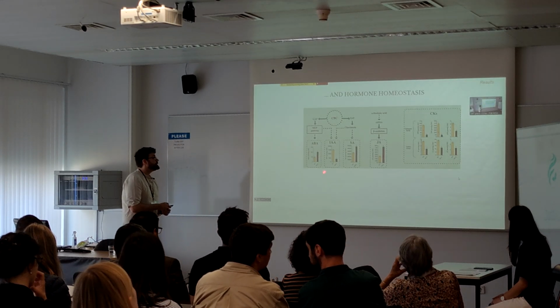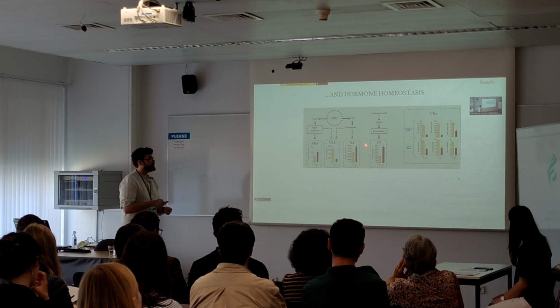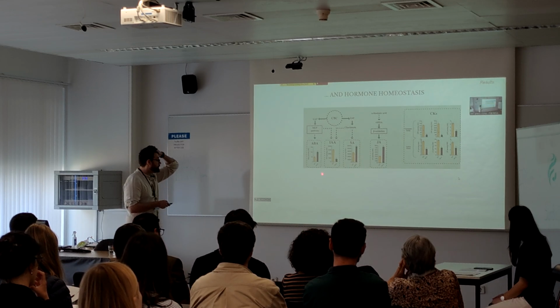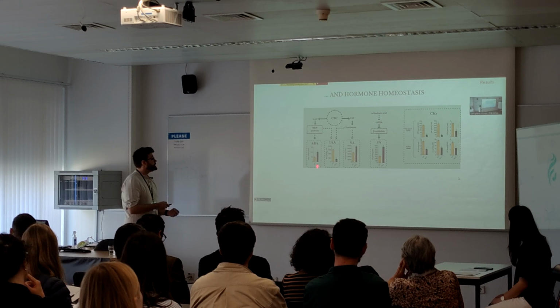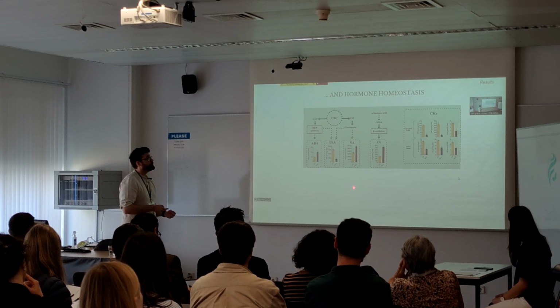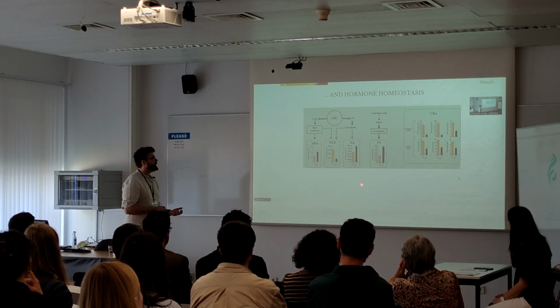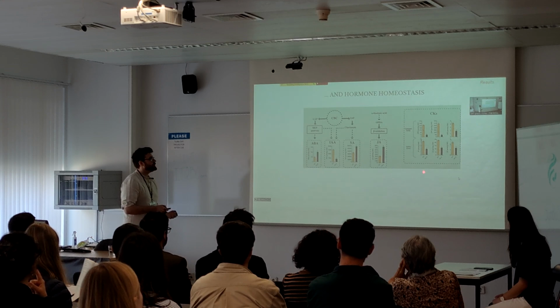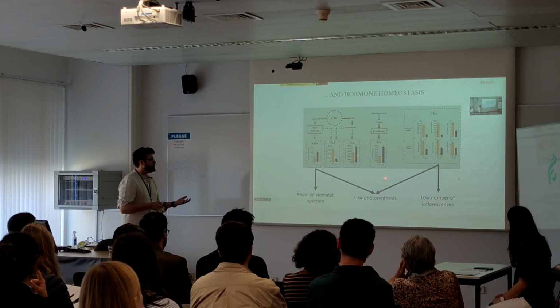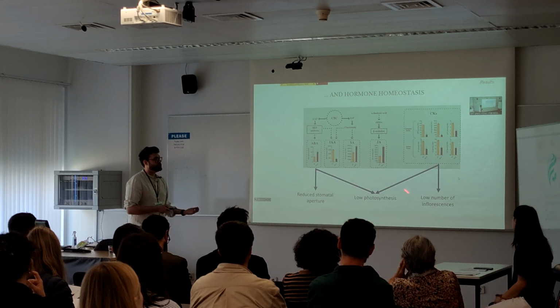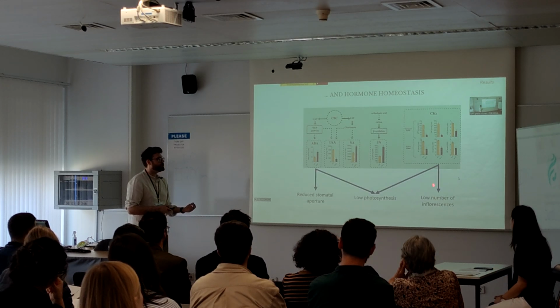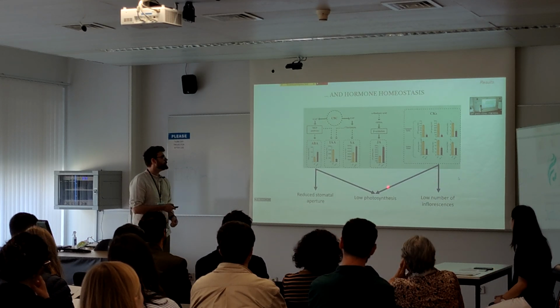We also analyzed hormone homeostasis and discovered that the CLPC2 mutant overaccumulates ABA, salicylic acid, and jasmonic acid, and produces less indole acetic acid and cytokinins. It explains the reduced stomatal aperture, the low photosynthesis, and the low number of inflorescences.